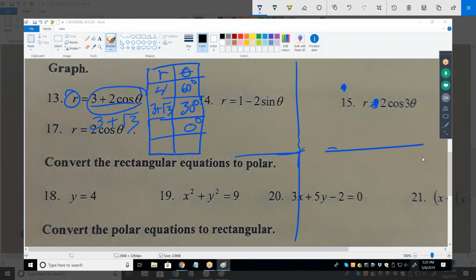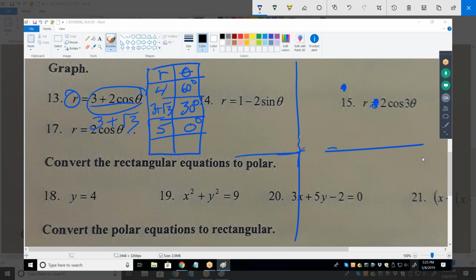Demetrius, the best thing you could do for yourself is memorize what the sine and cosine of these common angles between 0 and 90 are. Seriously. That is the best absolute thing you could do for yourself, so that they are on the tip of your tongue every single time. Cosine of 0 is 1, which makes r 5.